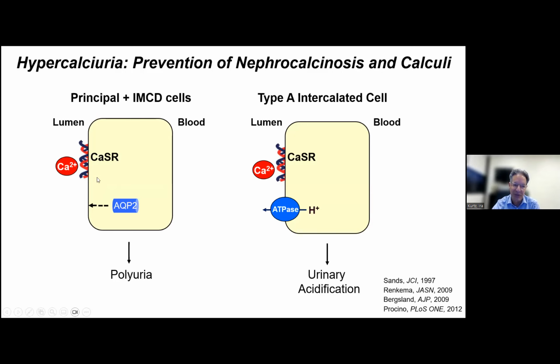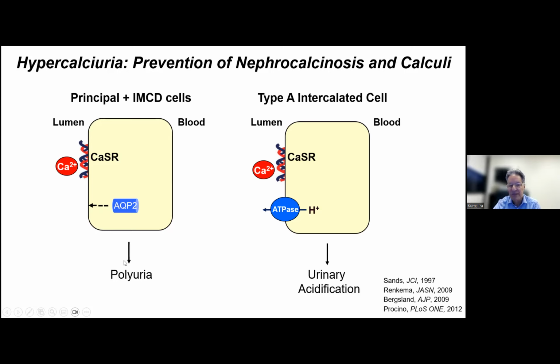Remember, there's a calcium sensing receptor in our parathyroid glands that we treat pharmacologically, but it's also present throughout the body in different cell types, including the nephron, but it has a different role. It's felt that when calcium binds to it in these cells, aquaporin 2 actually can't insert in the membrane and you get polyuria.